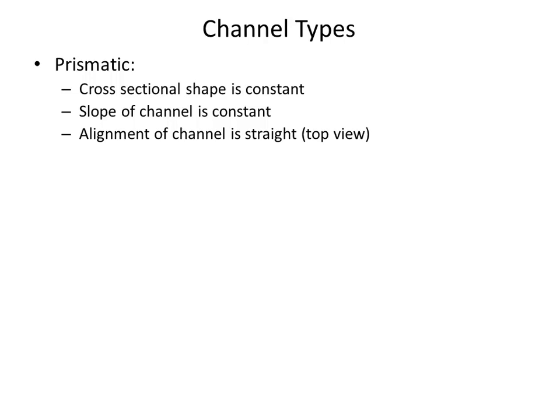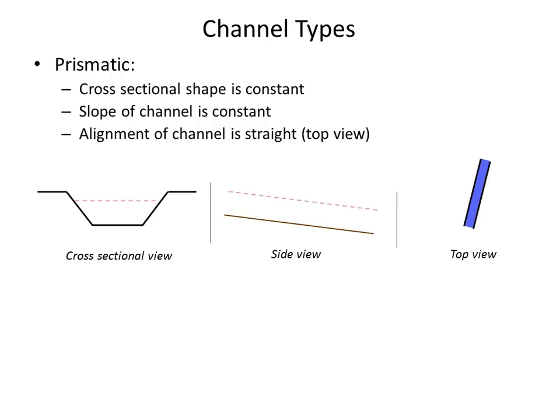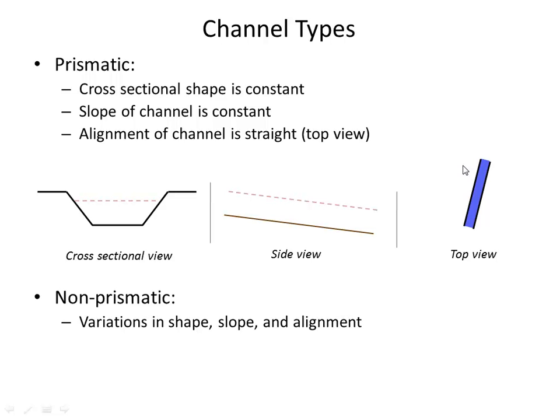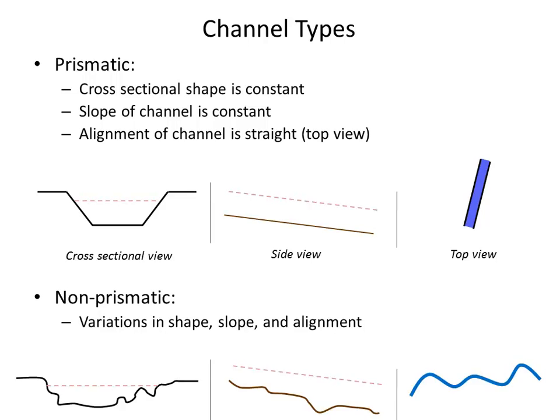The slope is constant, the alignment is straight, and so here's a trapezoidal cross-section that shows the water here, and you can see that both sides of the channel have the same side slope. The side view has a constant channel slope, and in the top view it's a straight uniform channel that wouldn't occur in nature. We can tell that it's made by humans, whereas a non-prismatic channel has variations in one or more of those attributes.